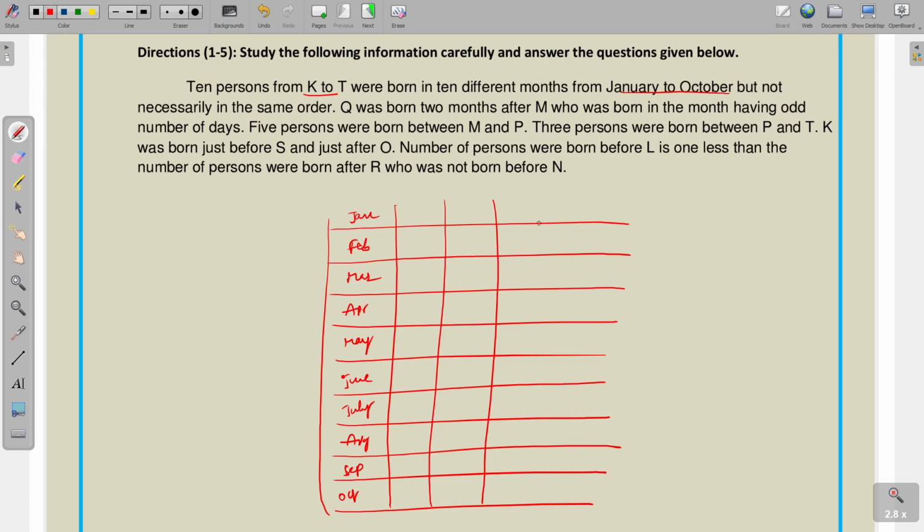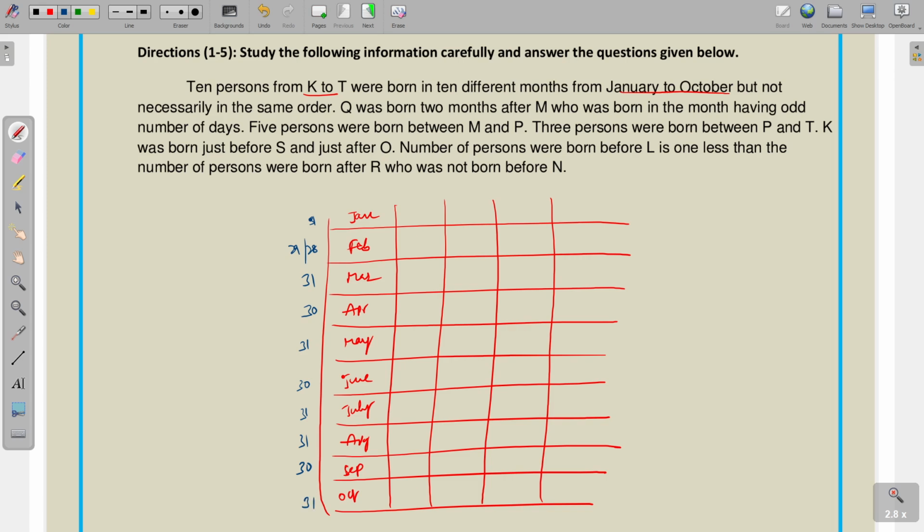So there are totally 10 persons. See first one, January 31 days, February 28 or 29 days, and next March 31, April 30, May 31, June 30, and July 31, August 31, September 30 and October 31.